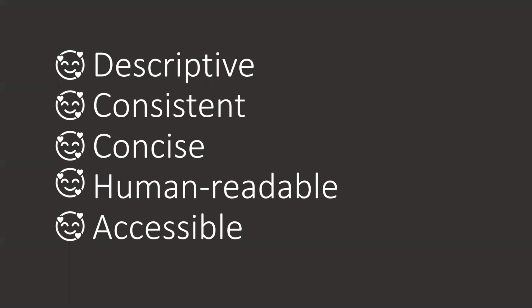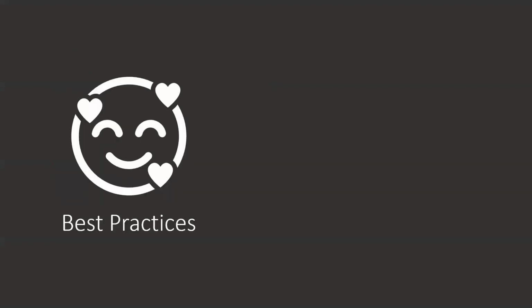So the strategies that we're going to pursue to make our code nice and readable to us as humans and a joy to work with is to make our code descriptive, consistent, concise, visually human readable, and accessible to a wide variety of users. Now, for the rest of the lesson here, we're going to denote our best practices.